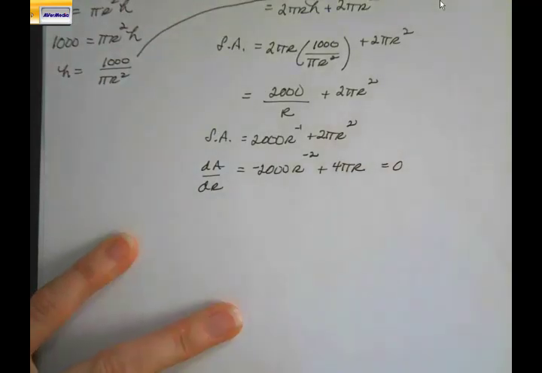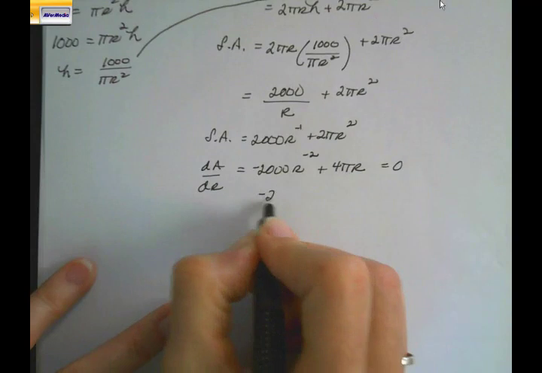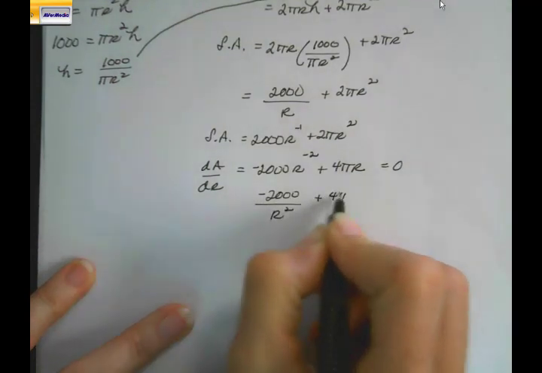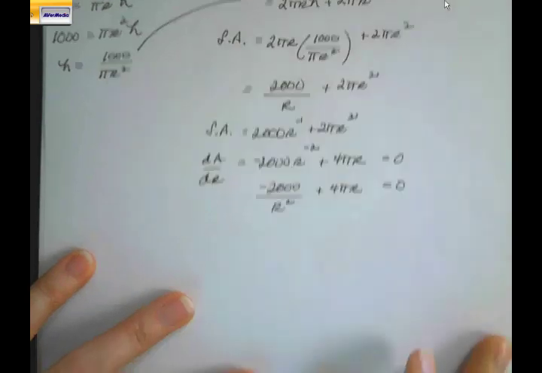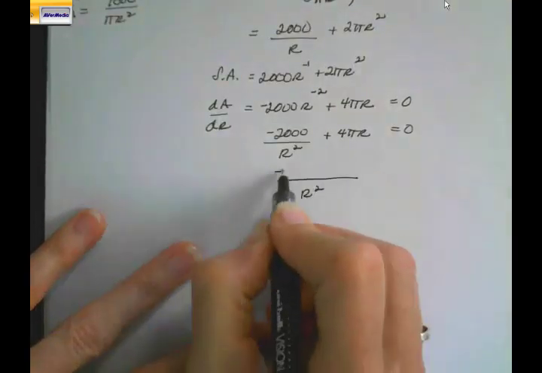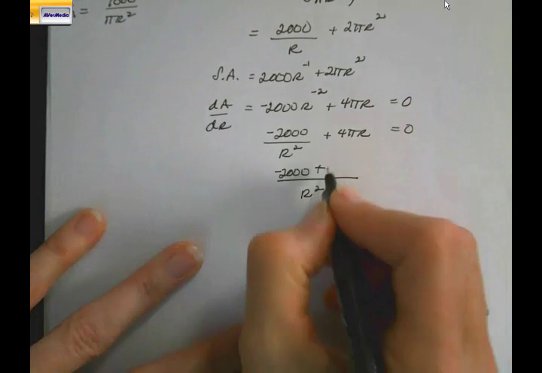To set this thing equal to 0, this is not pretty. I need to be able to factor it somehow. I've got to combine these terms. So let this be a negative 2,000 over r squared again. And if I get a common denominator of r squared, this would be negative 2,000 plus 4 pi r cubed, right?